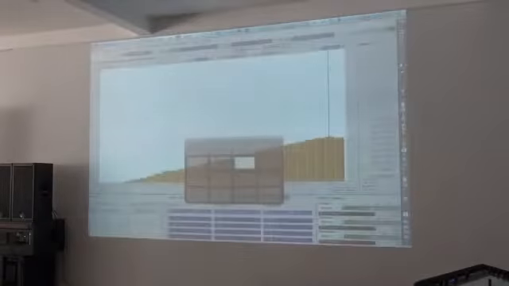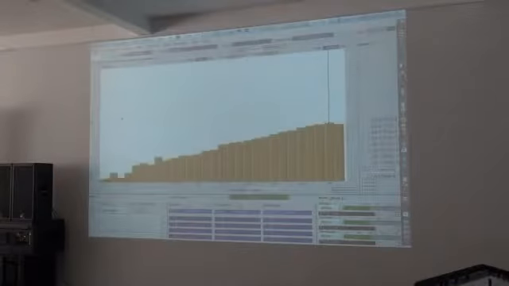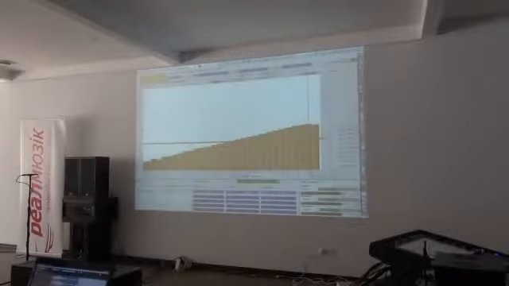So, in the spectrum analyzer, the real-time analyzer, we can see that the level shows an increase, like this line.